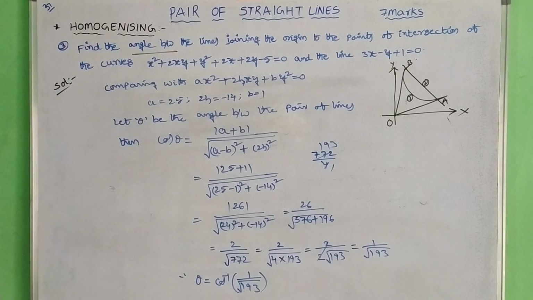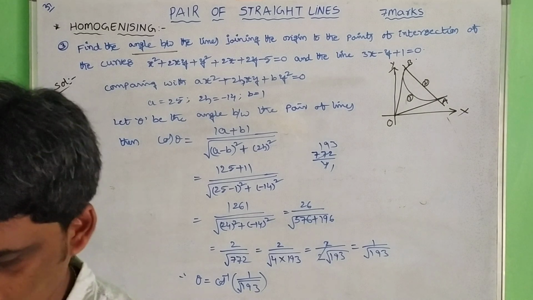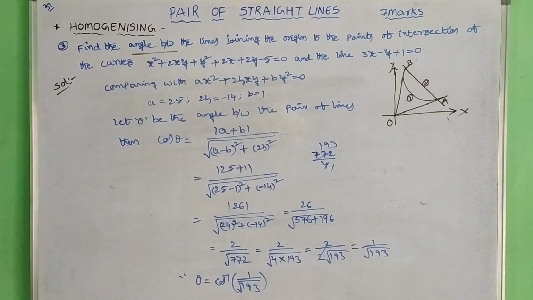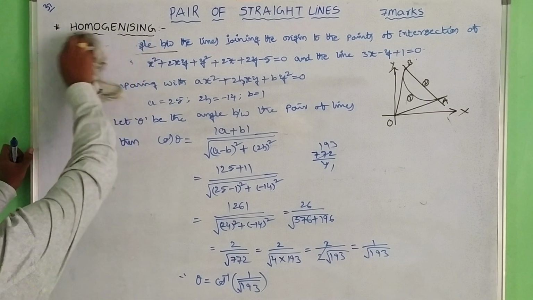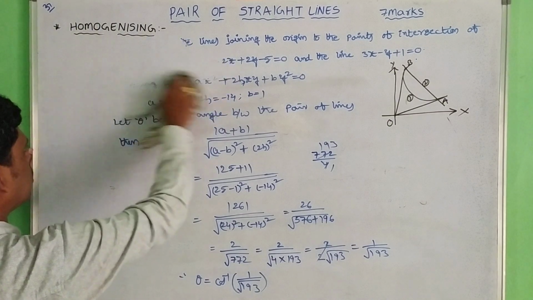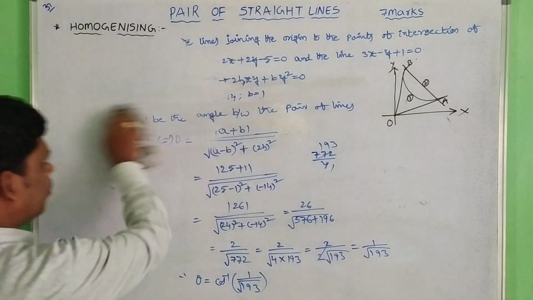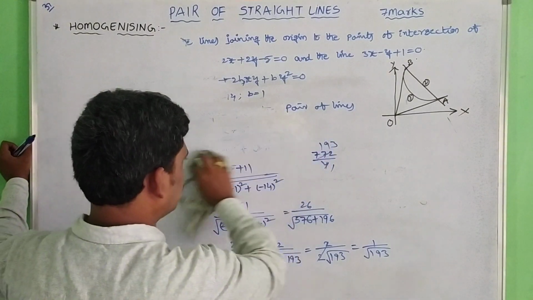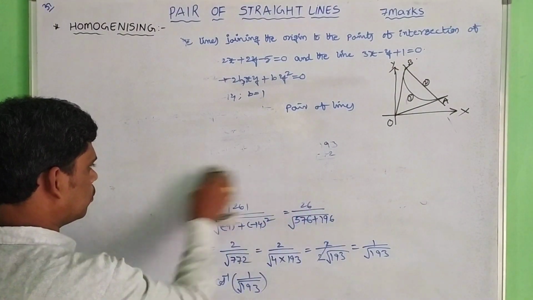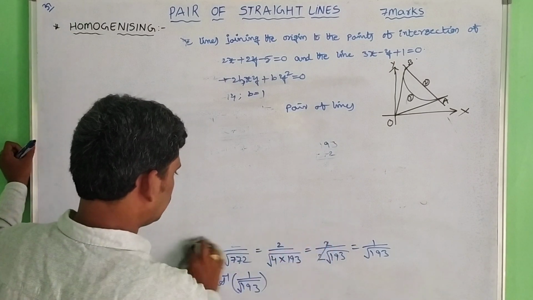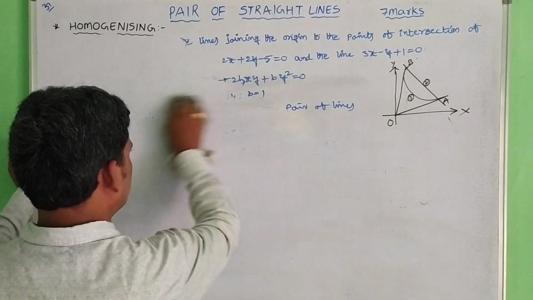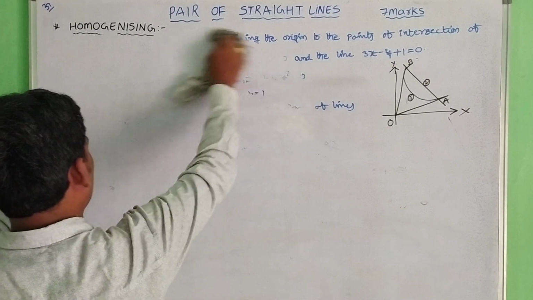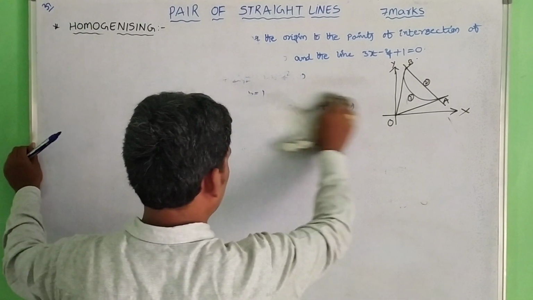This problem is completed. Now we are going to the next problem. This is also a final problem. In this model, of 4 problems, 1 problem must and should be given in the public examination. We only have to remember 2 points.